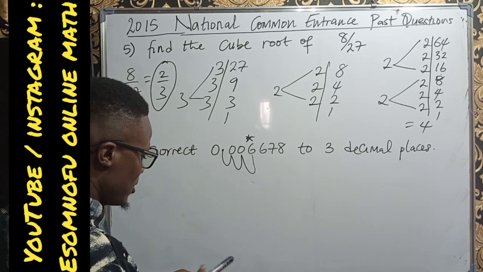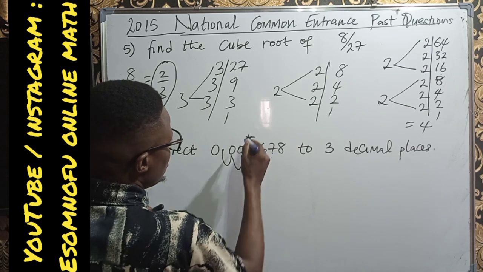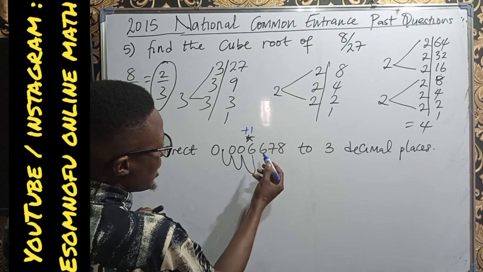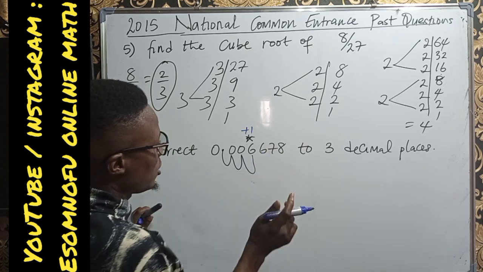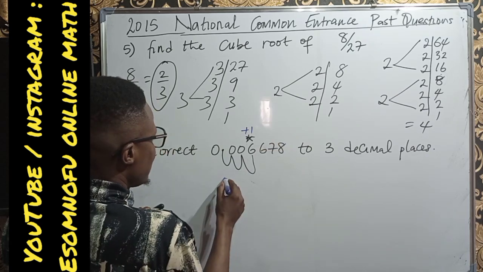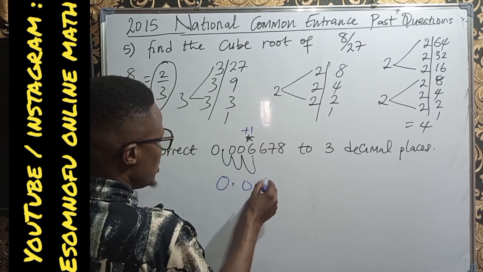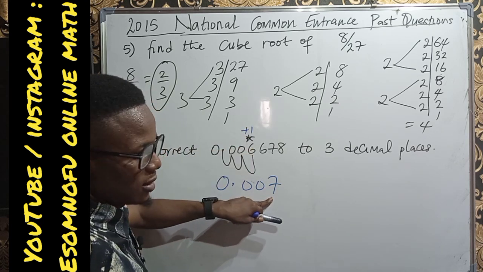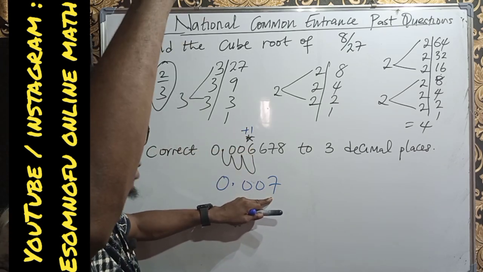Whenever the number after your target is up to 5, just add 1 to the digit closest to it. But assuming this is 4 down, I will add nothing. But because it is up to 5 and even more than 5, our answer will now be 0.007. I'm adding 1 to this 6. The 6 is turning to 7. We call it rounding up.